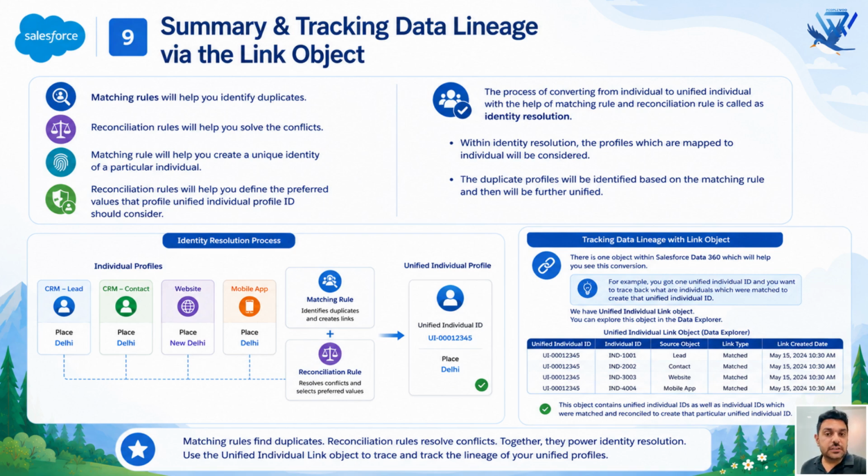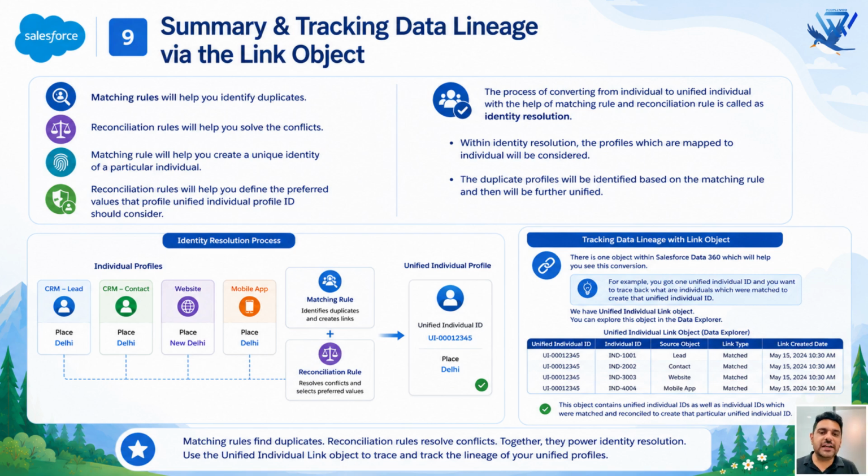The process of converting from individual to unified individual with the help of matching rules and reconciliation rules is called identity resolution. Within identity resolution, the profiles which are mapped to individual will be considered, the duplicate profiles will be identified based on the matching rule, and then will be further unified.